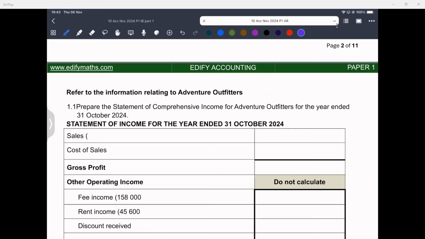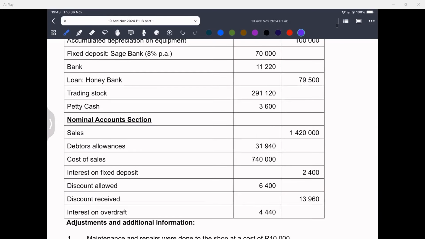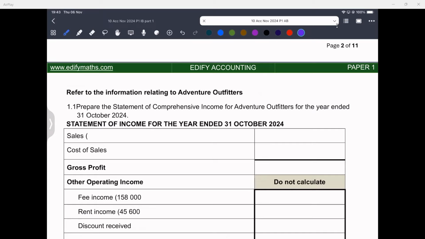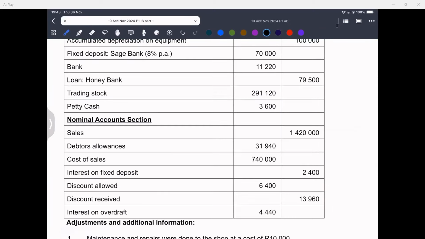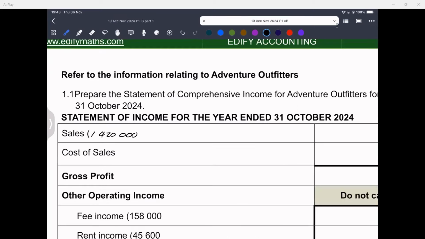We've got sales, and sales we said will amount to 1,420,000. I will just write it here. From sales, I will immediately subtract debtors allowances of 31,940.